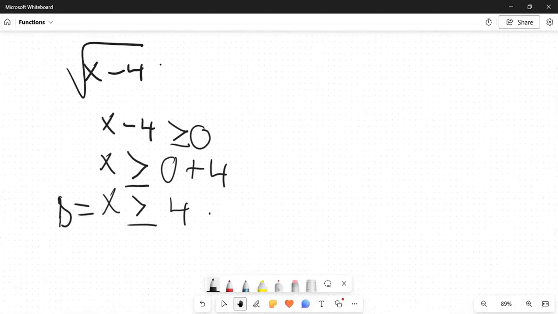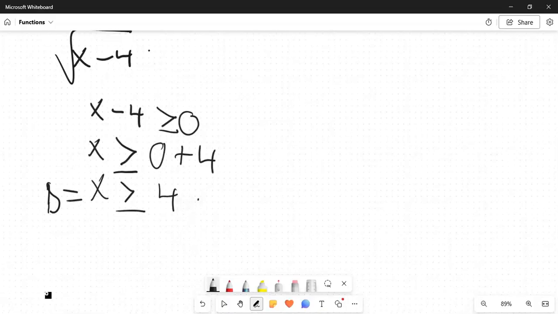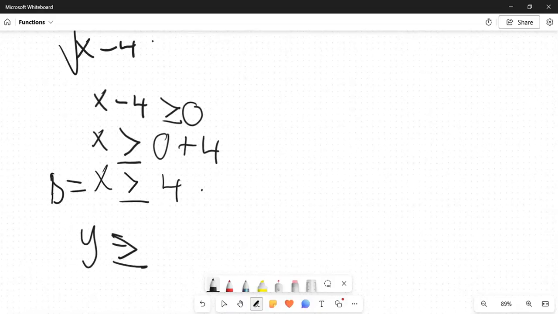If you're told to find the range here, so the range is going to be, let's say, y. Y is greater than or equal to. So it means all the numbers inside the root should be greater than or equal to 0.